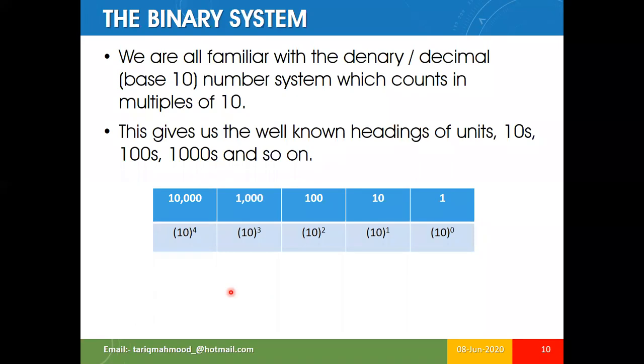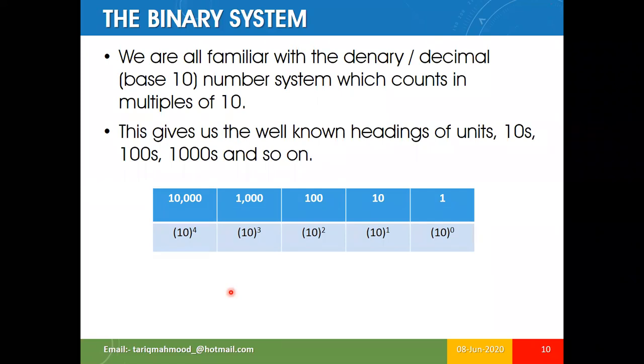You are quite familiar with the decimal system. In Cambridge, we also call it the denary system. The denary or decimal system consists of numbers which have base 10. This means it has 10 digits, starting from 0 and ending at 9.